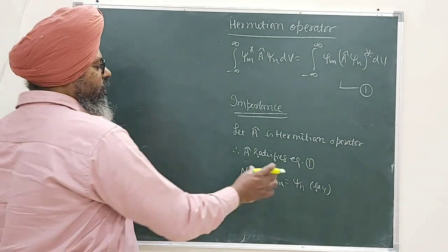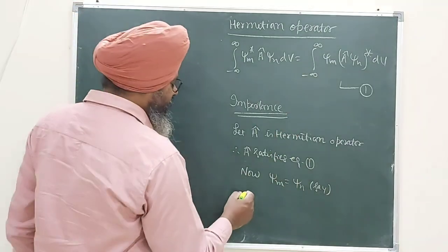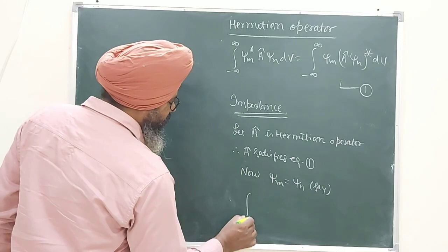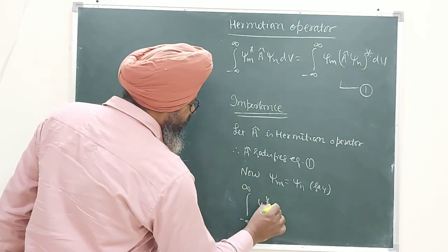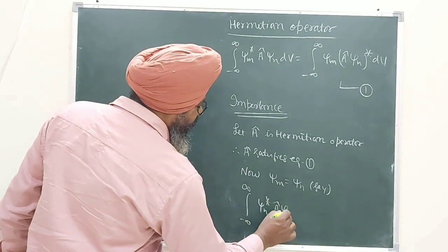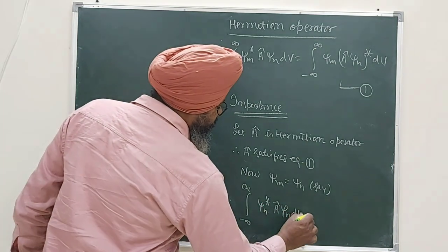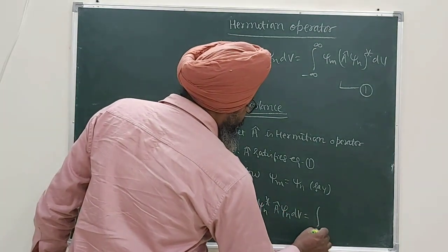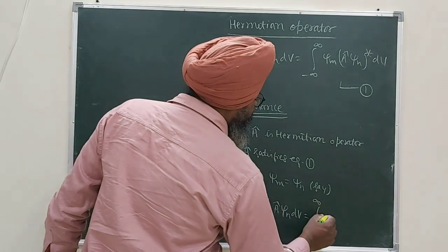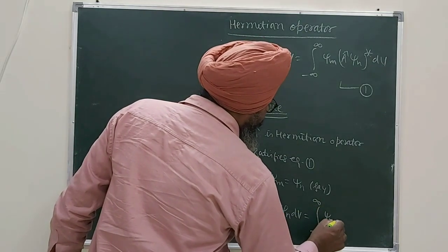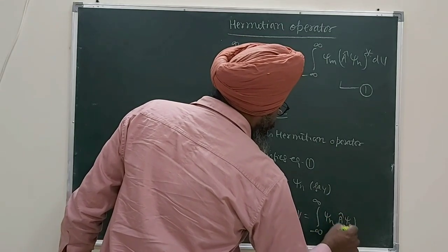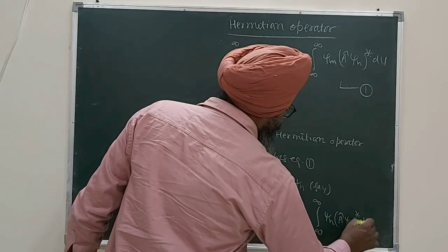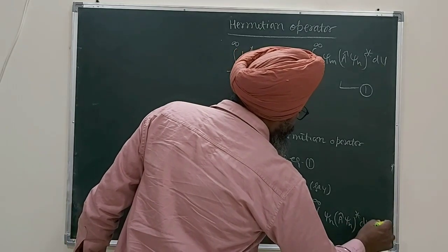Now if I put this value in 1, I would get integration minus infinity to infinity psi n star A cap psi n dv equal to minus infinity to infinity psi n, actually A cap psi n star, and dv. This is equation number 2.